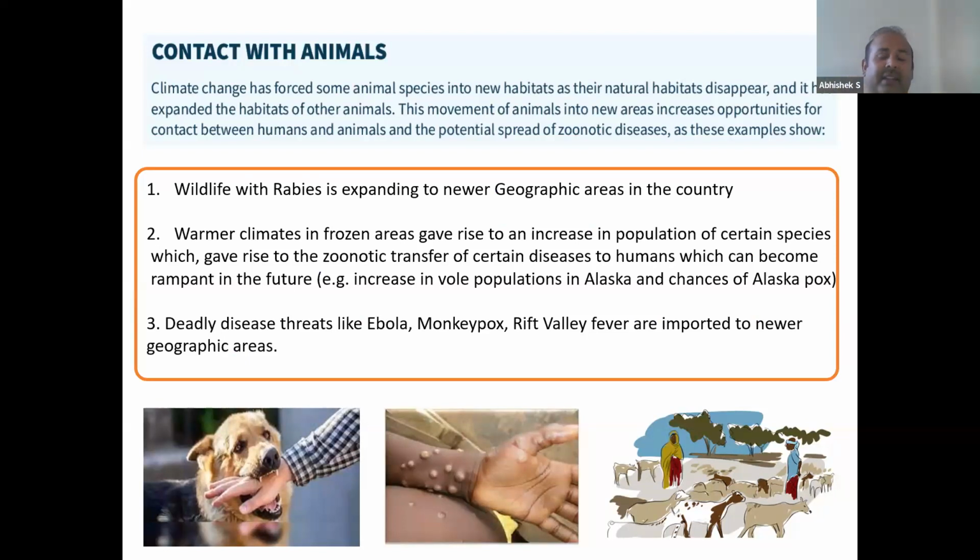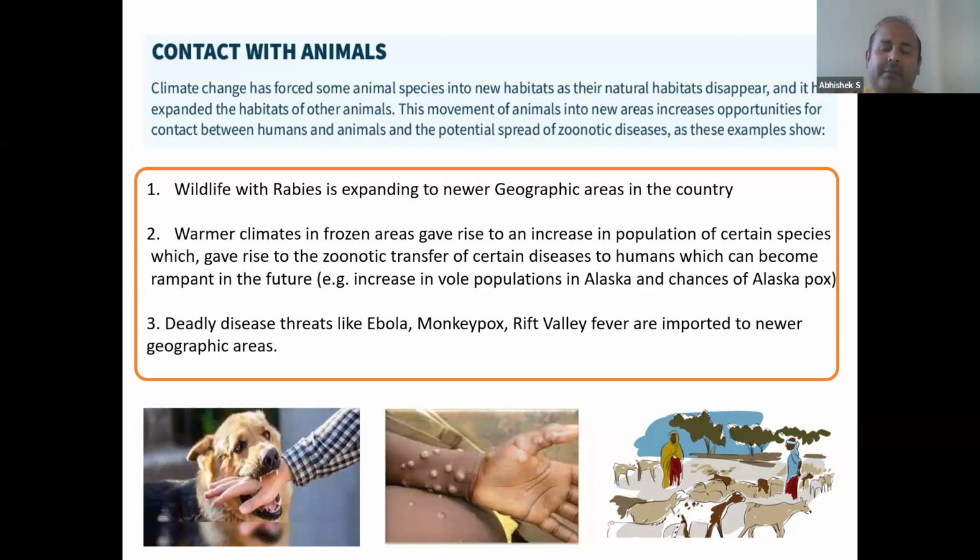There are some deadly diseases that are part of these zoonotic transmissions. People are getting more and more rabies because rabies is expanding to new geographic areas and countries. Some wild animals used to be very happy in the wild, but, for example, increased wildfires are displacing animals due to global warming and climate change.